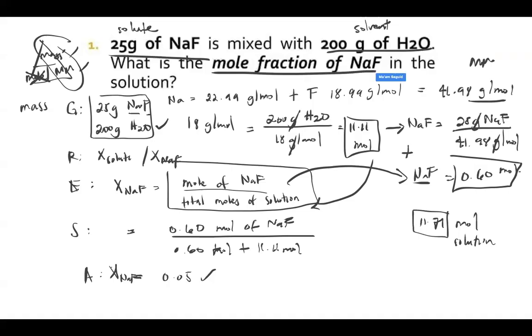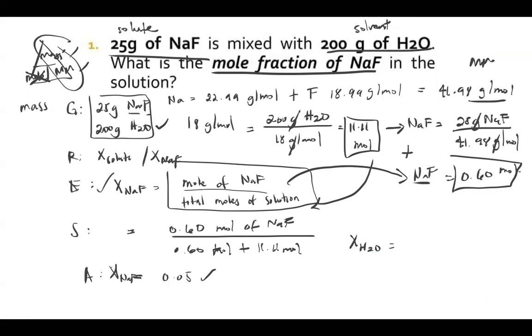Now, to double check if your solute and solvent mole fractions really add up to 1, we need to make use of this formula, but we'll be changing it to water for the solvent. So X H2O is equal to, let me erase this one first. Okay.